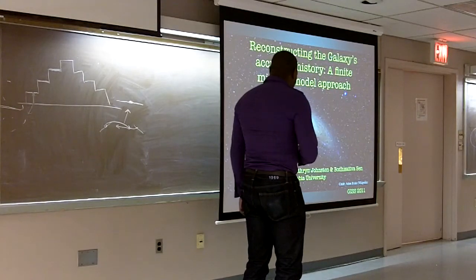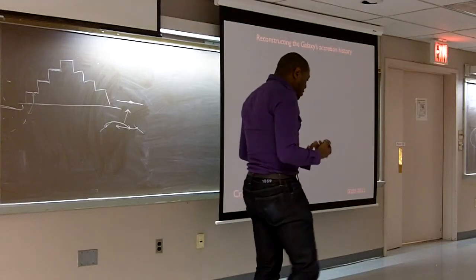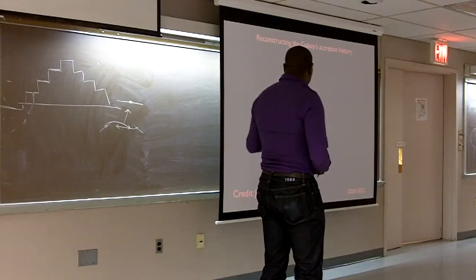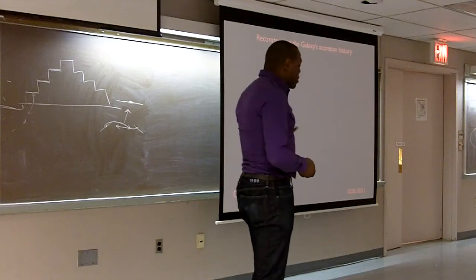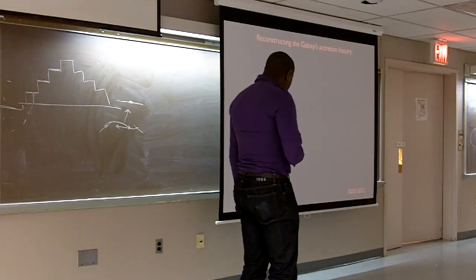And in fact, to show you here that one such mode we believe is more dominant than the other, I'm going to show you a simulation from my advisor's work, Catherine Johnston, along with James Bullock.